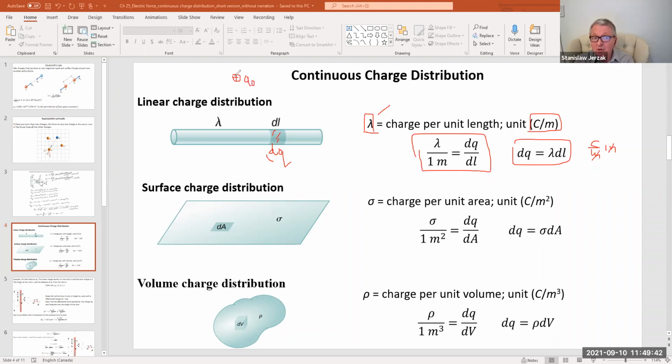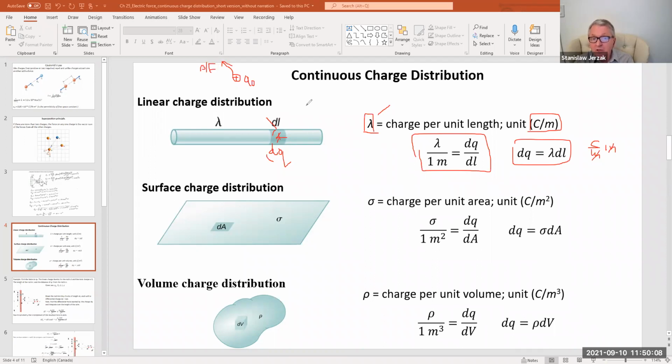If this would be Q0 and I want to find the total force acting on Q0 due to the entire rod, then first you would calculate the force acting on Q0 due to that one element on which the charge is dq. That force would be in this direction, if this charge on the rod is positive.